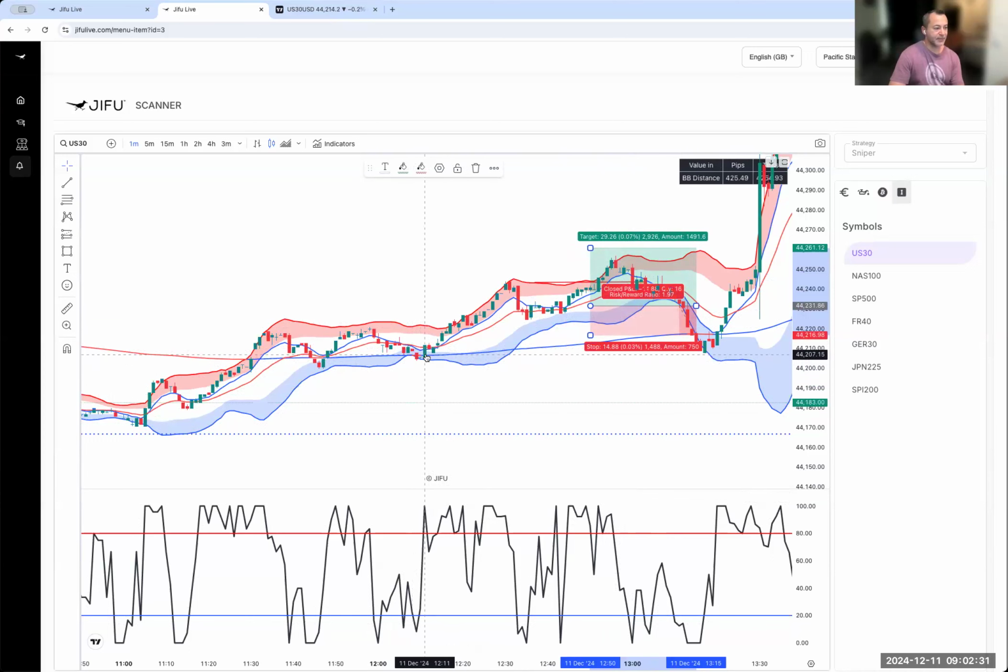So we have a rejection of the primary trend line, and we have a bullish engulfing candle that engulfs 5 candles to the left. 1, 2, 3, 4, 5, engulfs all of those. So those two things trump the fact that these trend lines are still crossed in the wrong direction.